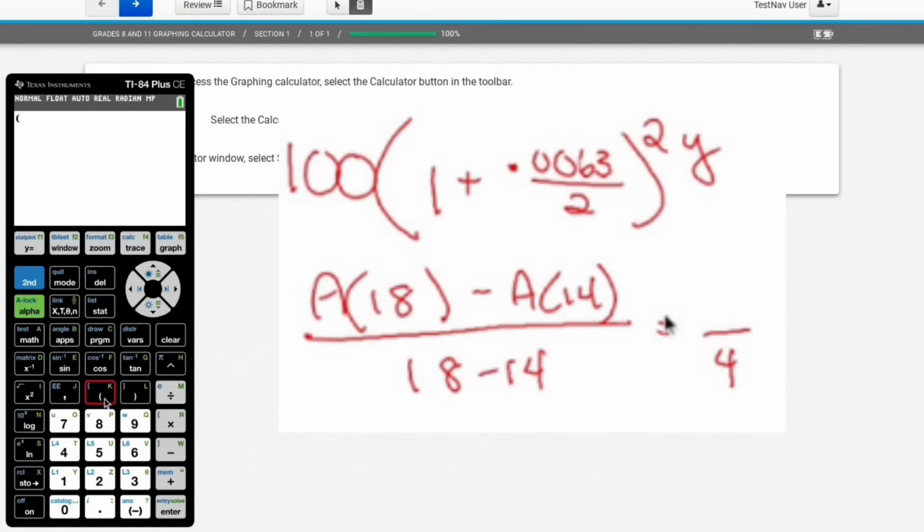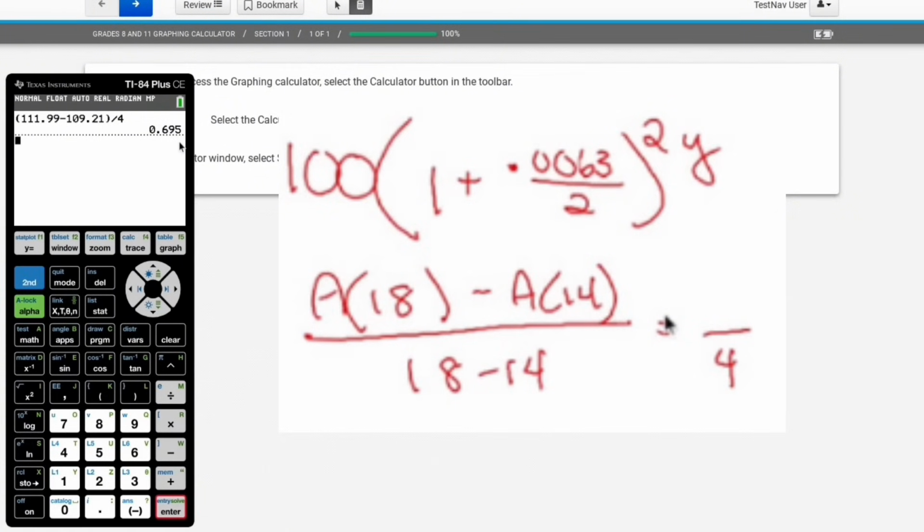Parentheses, 111.99 minus what it was 14, 109.21. And we're dividing that by 4 because of 18 minus 14. 0.695. Now this is money, so 0.695 means 70 cents.